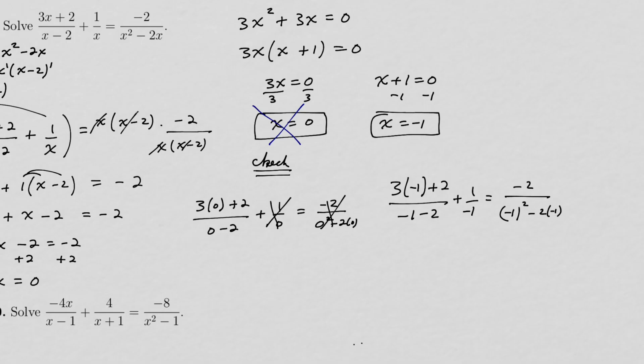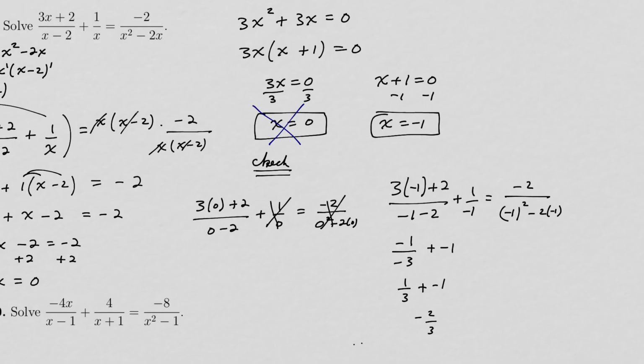All right, so let's see. 3 times negative 1 is negative 3, plus 2 is negative 1. Negative 1 minus 2 is negative 3. So it looks like 1/3. And 1 divided by negative 1 is just negative 1, right? So this is 1/3 plus negative 1. That's going to give me negative 2/3.